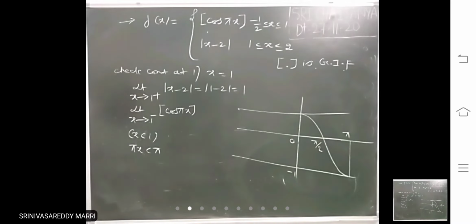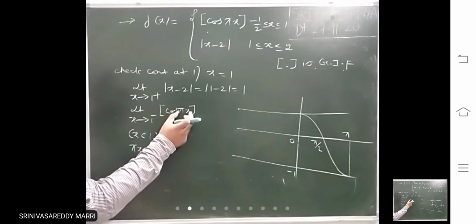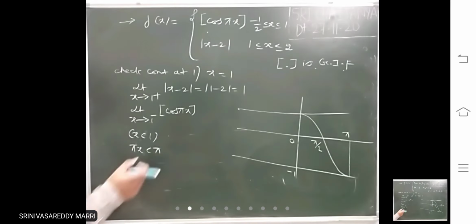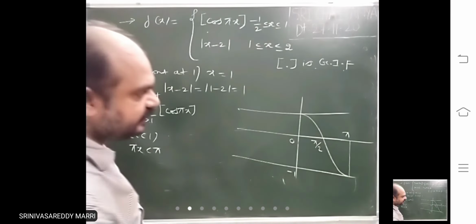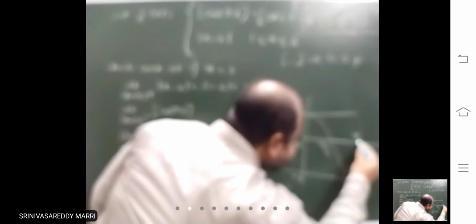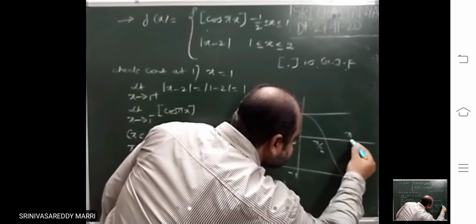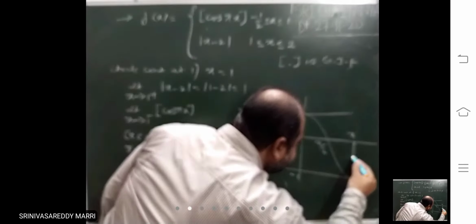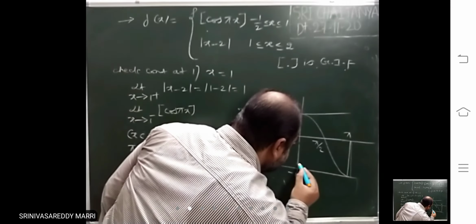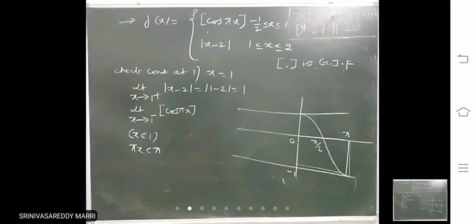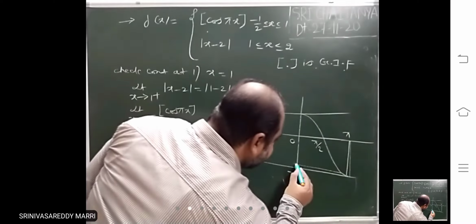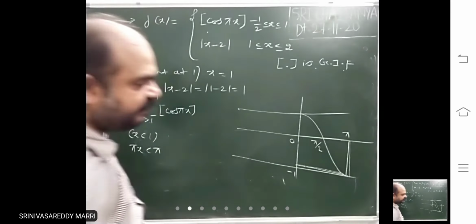Now what you want is this angle pi x, and then you need the cos value. This angle pi x is just less than pi. Just less than pi means where is its cos value? If you see, very close to minus 1 you will get.